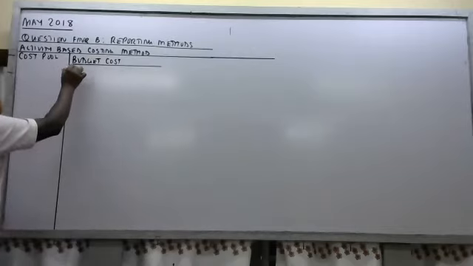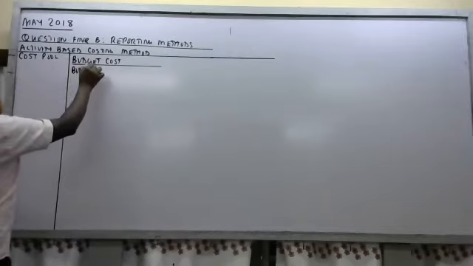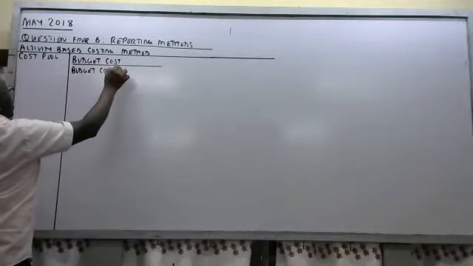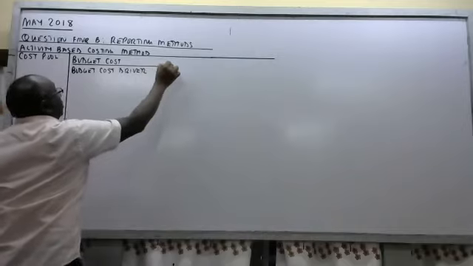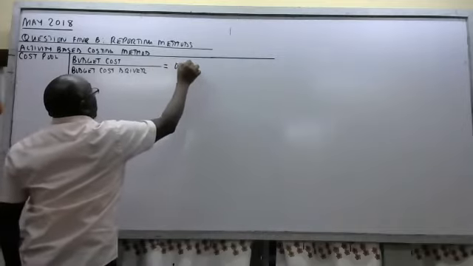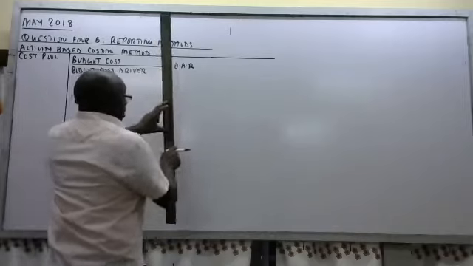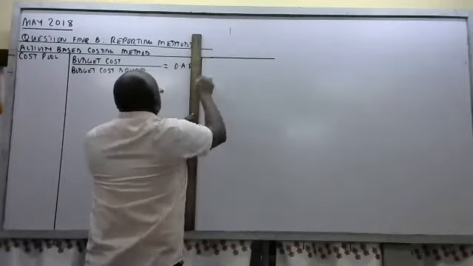You divide by budget cost driver. It gives us the OAR. You will get the OAR.